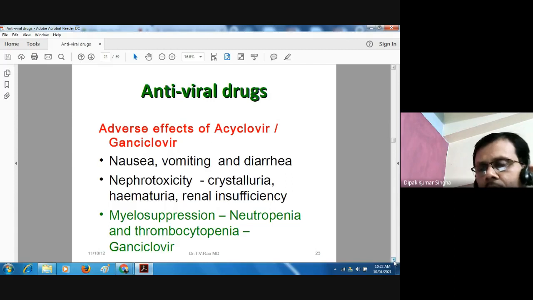Sometimes renal damage can occur due to excessive use of acyclovir. All antiviral drugs have some adverse effects, including myelosuppression or neutropenia, meaning a decreased number of neutrophils, and thrombocytopenia, a decreased number of platelets. Ganciclovir is the same.